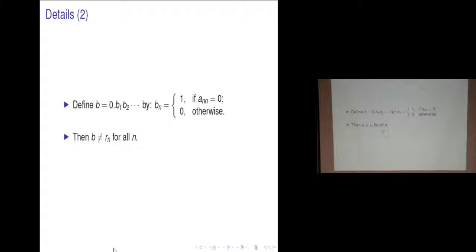So my nth digit is always different from the nth digit of the nth element. So the claim is that if I define my B this way, my B does not appear in the list. Well, obviously, I just created a difference.